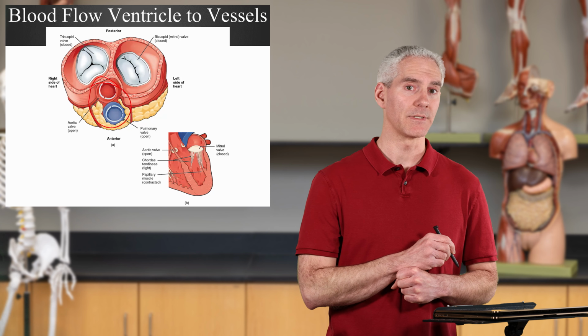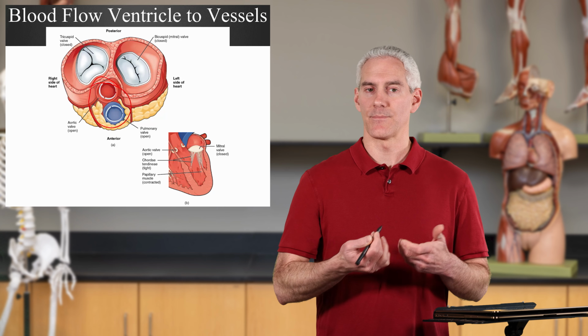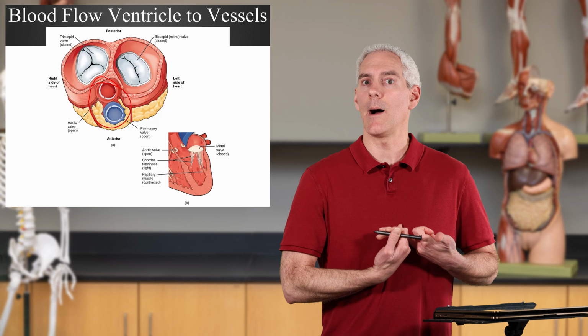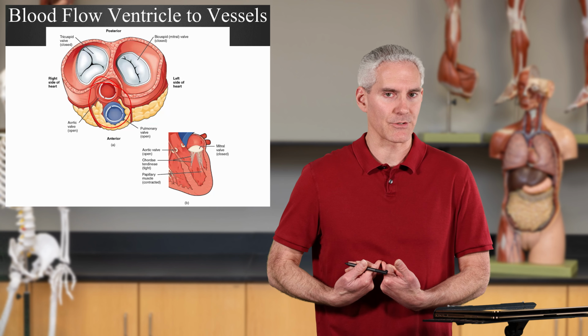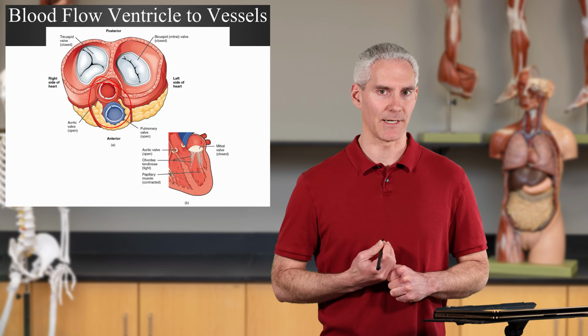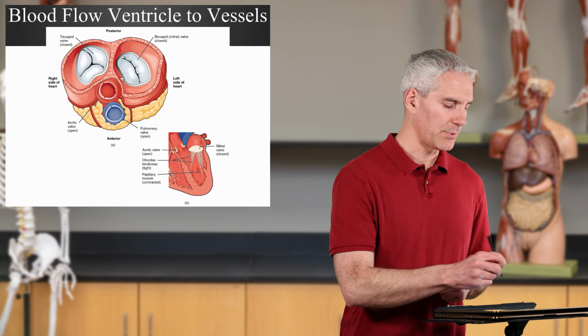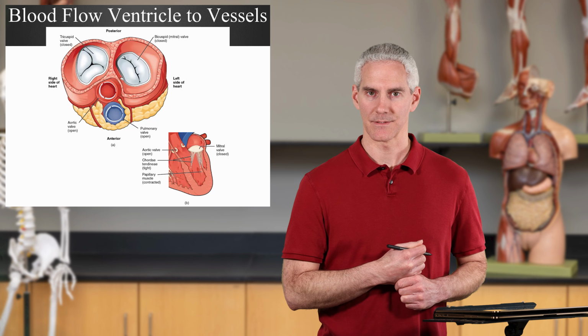But the semilunar are open. The blood's flowing from the left ventricle up through the aortic semilunar. The blood's flowing from the right ventricle up through the pulmonary semilunar. So blood is flowing out at that point.